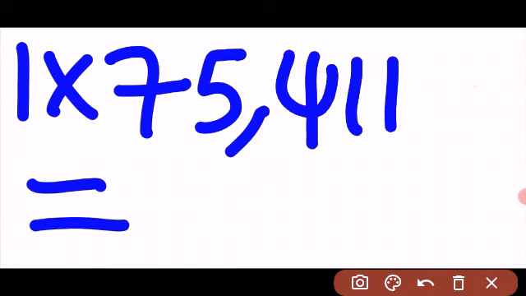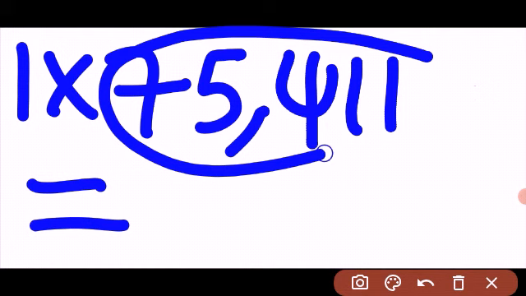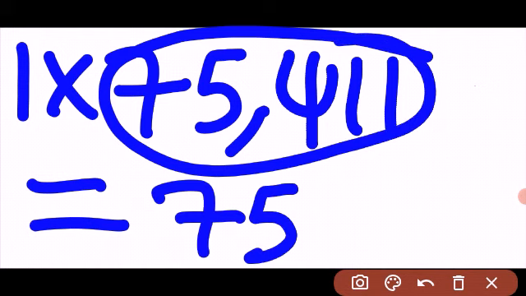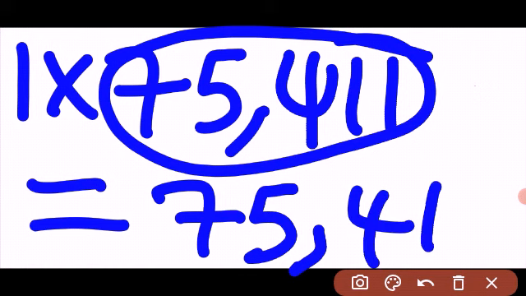You don't need to think, you don't need to break your head. You just look at the number that 1 is multiplying and write it. 75,411. That's the answer. So in other words, 1 times anything or anything times 1, the answer will be the number you are multiplying 1 by.